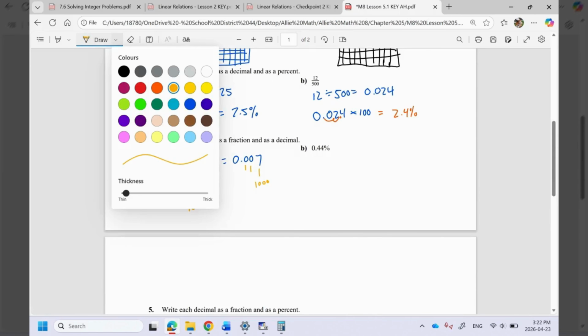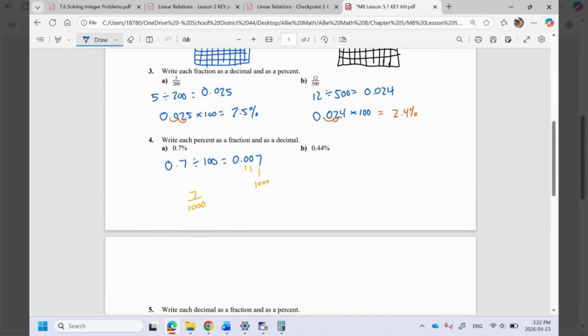And now let's do this one. Again, 0.44% is less than 1%. It's very small. I'm going to divide that by 100. Notice what happened over here when we divided by 100. Our decimal moved over to the left twice.